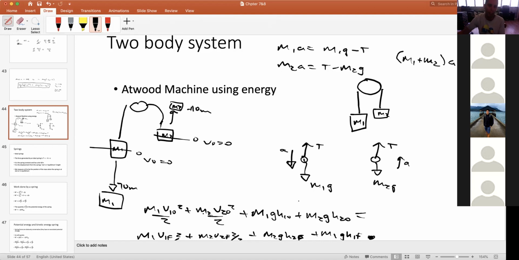Now, I already said that it started from rest, so these go away. And I claim that these were both 0, so those go away. And that leaves me with all this stuff.